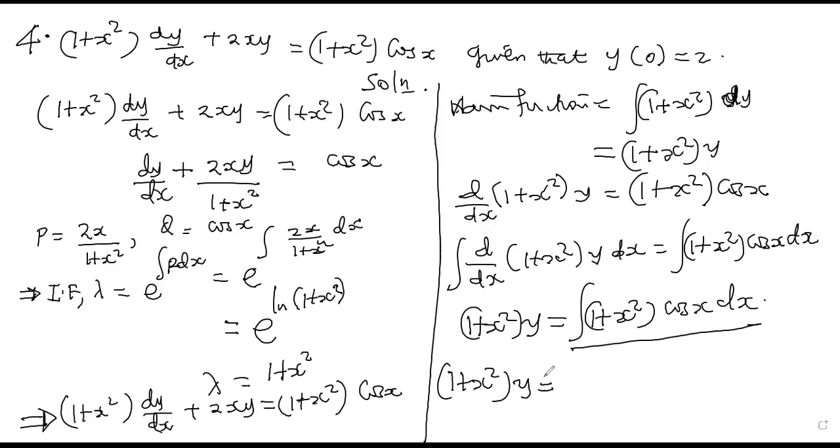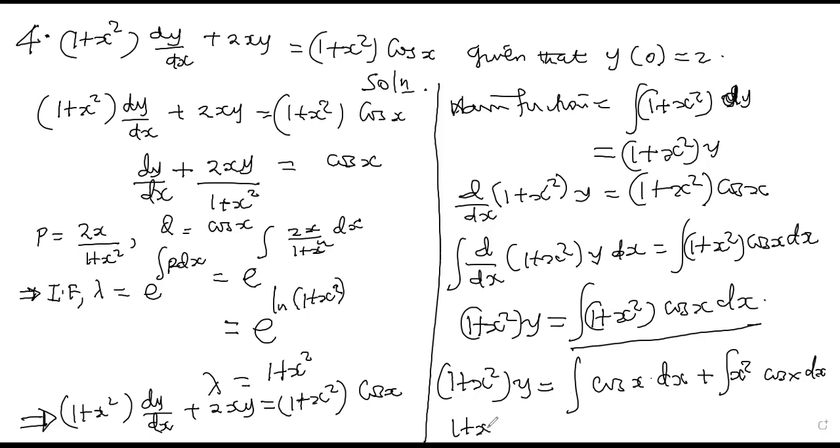So it is going to be the integral of cos x dx plus the integral of x squared cos x dx. Members, take your time and execute this: use by parts and get me the final answer.